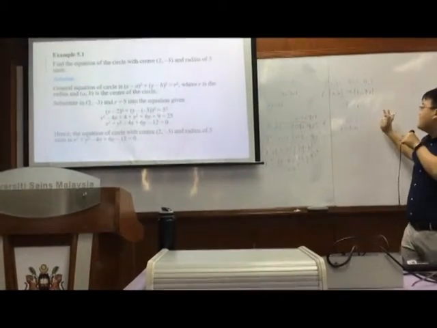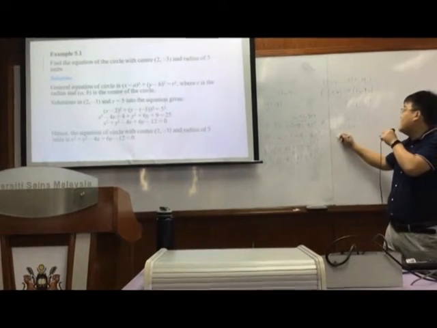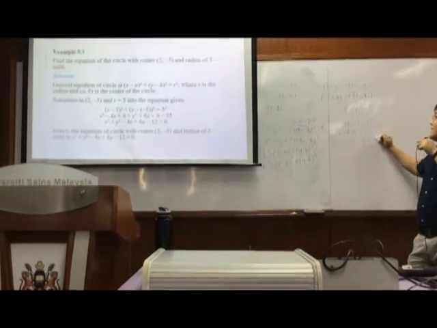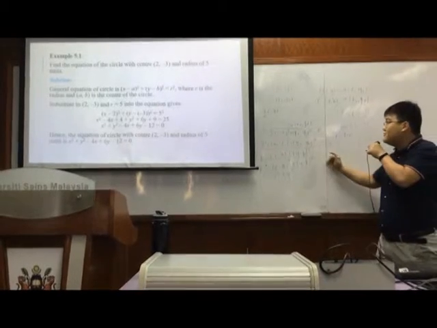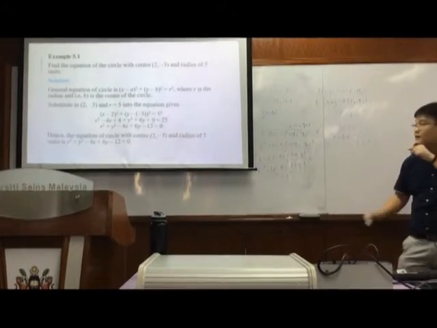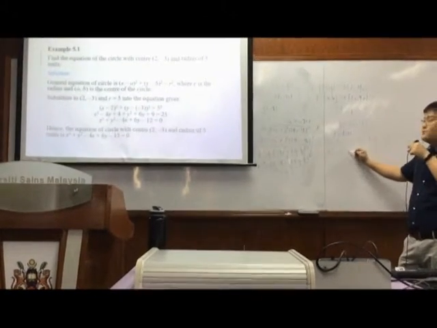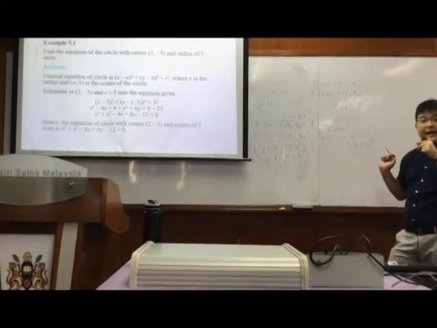From these two pieces of information, we can determine that a equals 2, b equals -3, r equals 5. When you substitute all these values into the general equation of the circle, we will get 5 squared equals x minus 2 squared plus y minus -3 squared.